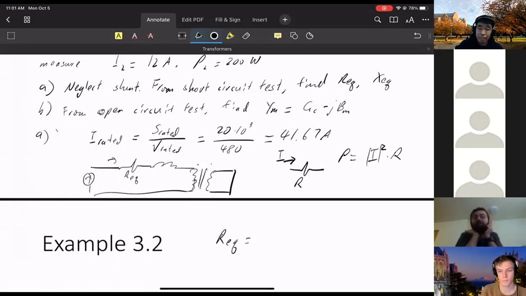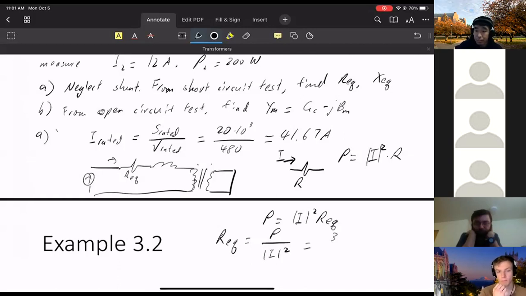So I can use P equals the magnitude of I squared times R equivalent. This is I squared R loss through the resistor, so R equivalent is P over I squared.